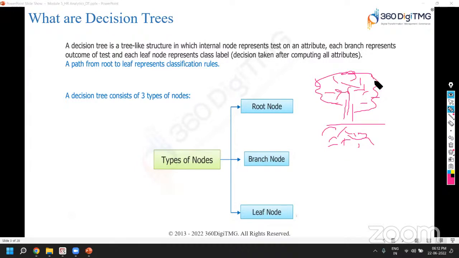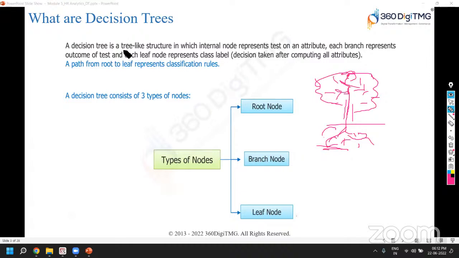Let's say leaves is more generic, so I'm going to say leaves. Each leaf can be a decision, can be an output. To reach that leaf, we have to start at the root, and from the root we traverse and reach a specific leaf.